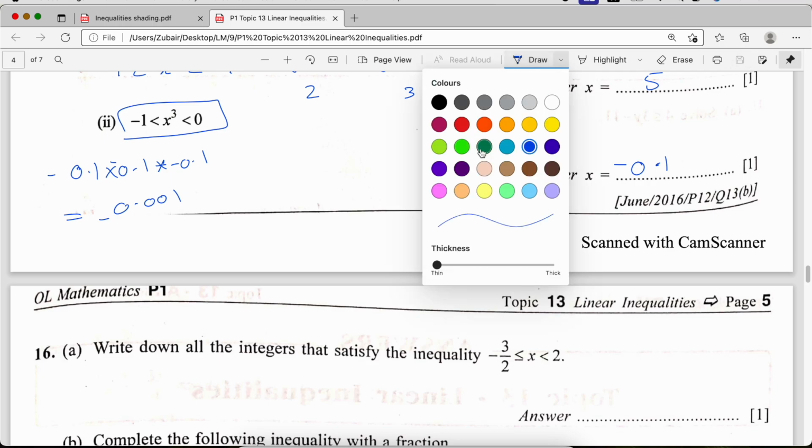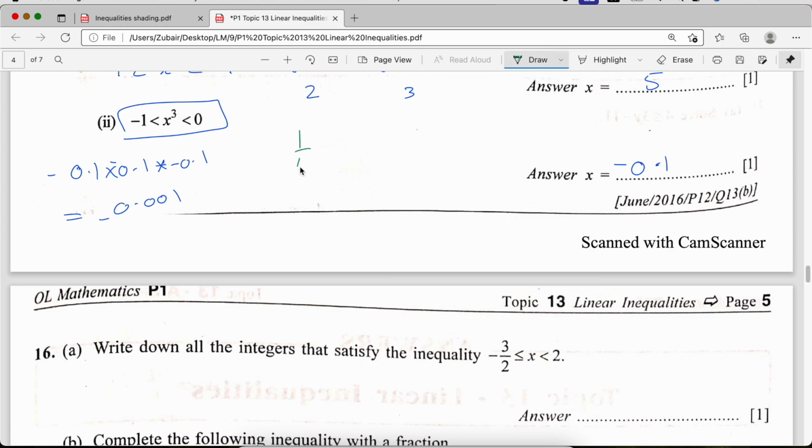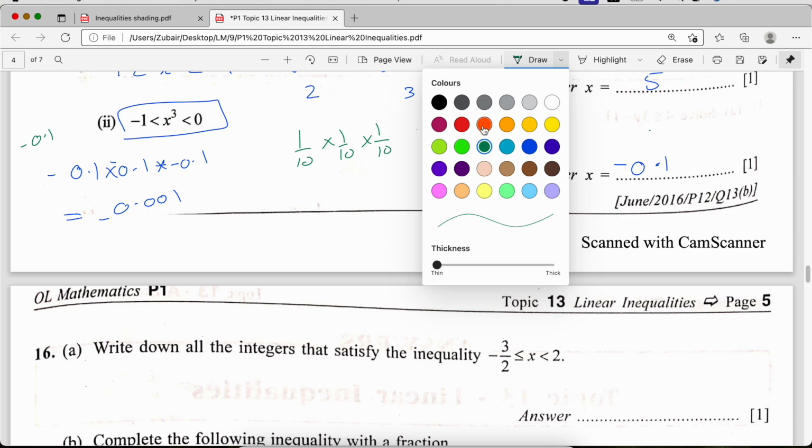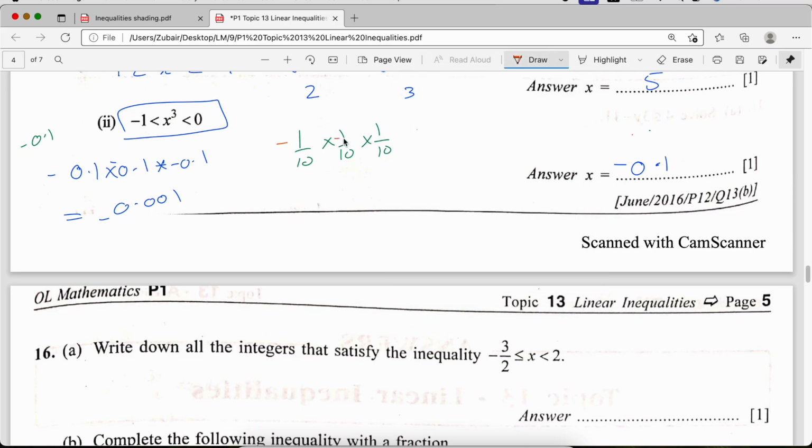If there is any confusion in multiplying these, we can write 1 over 10 into 1 over 10 into 1 over 10 for 0.1 and definitely negative. So the negative sign comes along with them. That's negative, negative, and negative. So this is giving me 1 into 1 into 1 stays 1. Denominator is 1000. So which is 0.001.